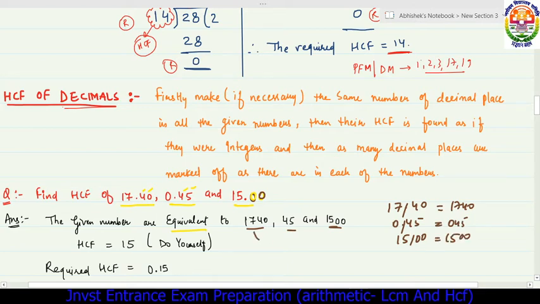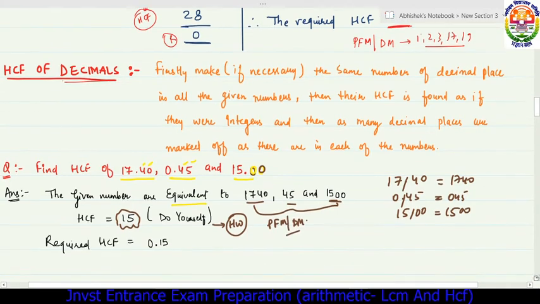Now we will calculate the HCF. The answer is 15. You have to solve it in your homework portion. How does 15 come? By both methods, the prime factorization method and the division method. Clear? Done.